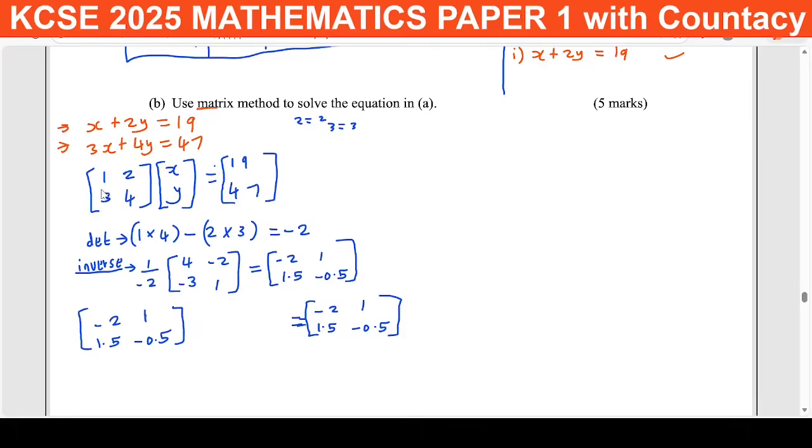So what we do is that we multiply by the values that are on the left side. You see, this is the left side. We multiply by the values that are here in this equation on the left side. This is the equation that we are using. So we multiply by 1, 2, 3, 4.